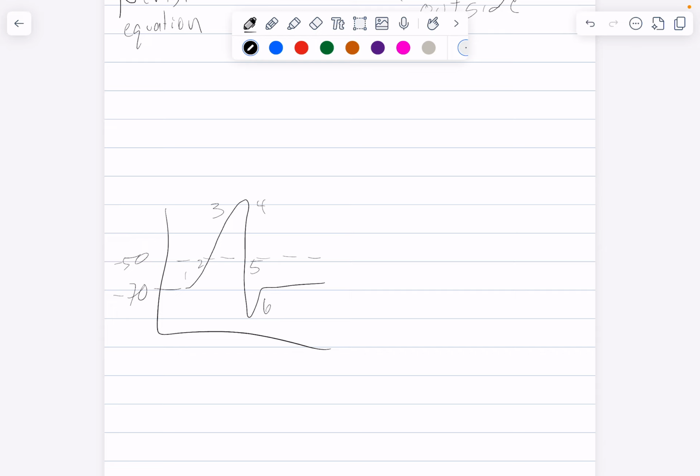So, right here, this is when it's depolarizing, but not quite enough to reach an action potential because it hasn't reached the threshold yet.